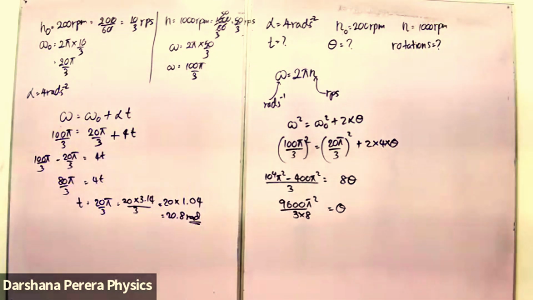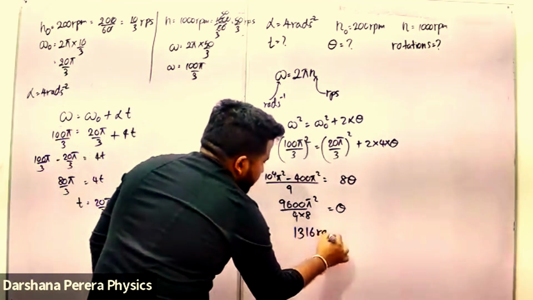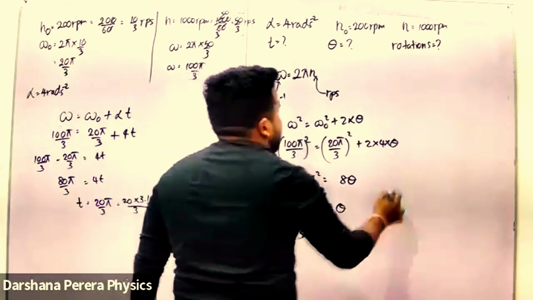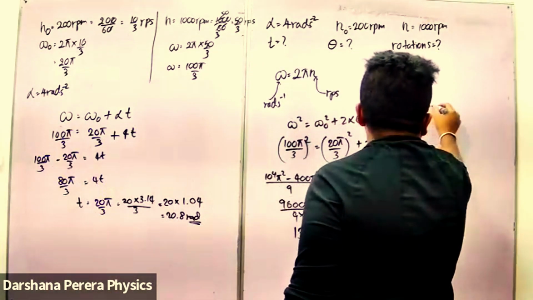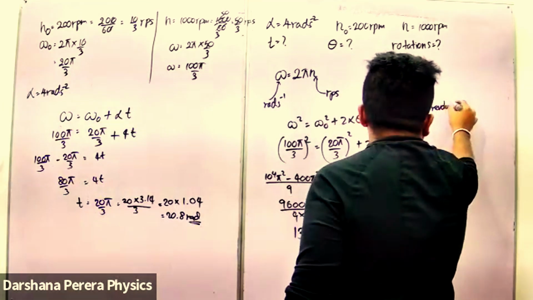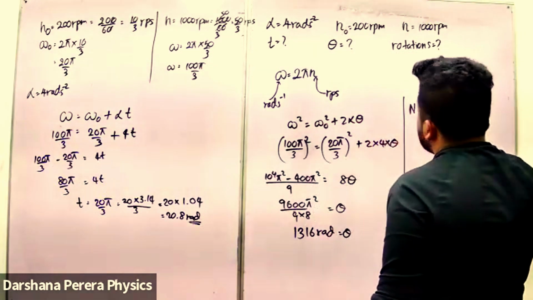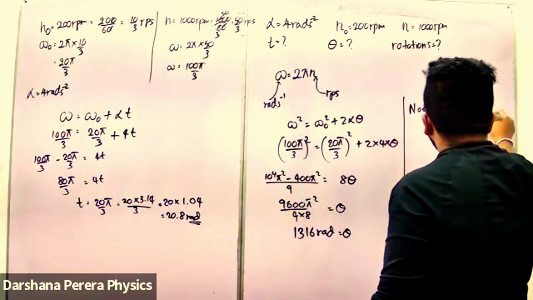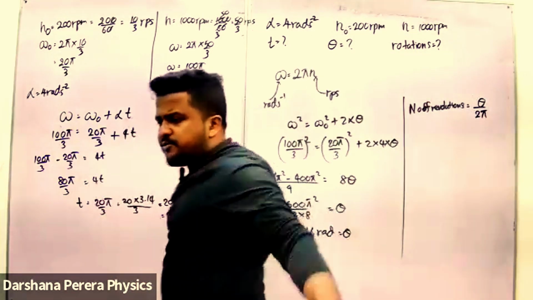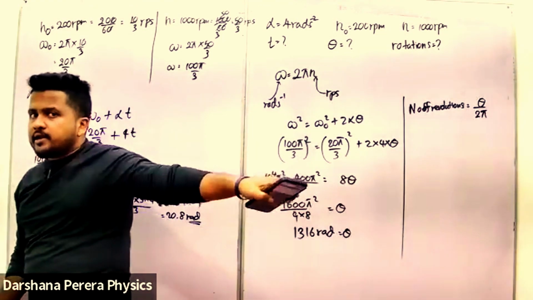Yes, your value is what? Good. Then the number of revolutions, or number of rotations. What is it? This is the theta value. Theta over 2 pi. Why? Because if we consider one rotation, theta is equal to what? 2 pi radians.